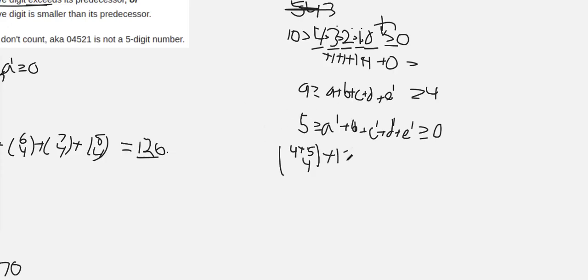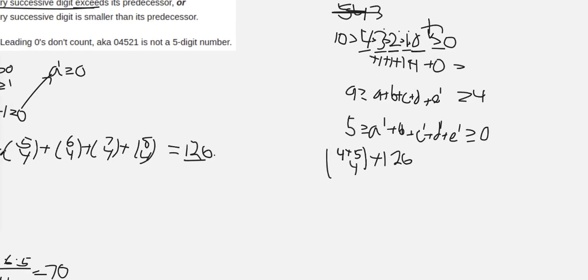So we have plus 126, which was the number for part A. We have the same sum, but we just have an extra term. So we just have to calculate 9 choose 4, which I believe also comes out to 126, funny enough. So the total number will be 126 plus 126, which is 252.